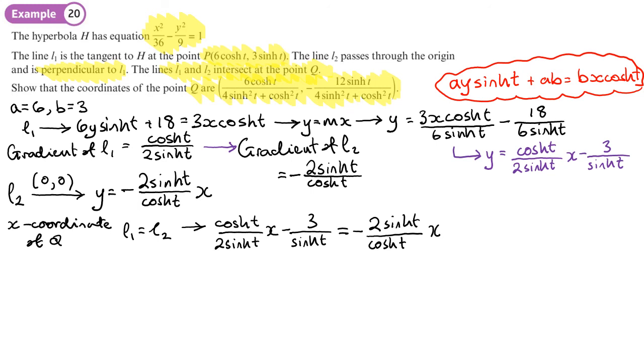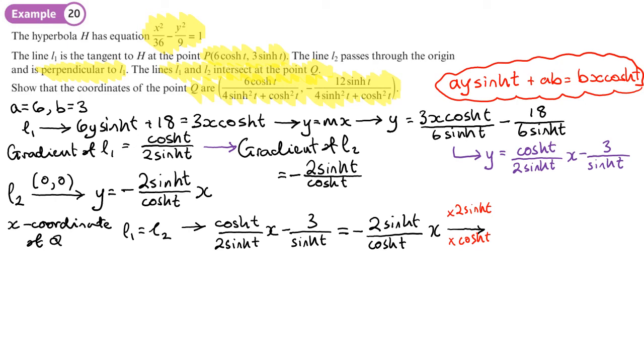Well, I need to get rid of both of these nasty looking fractions, so I'm going to times both sides by 2 sinh t and times both sides by cosh t. That will get rid of these fractions.